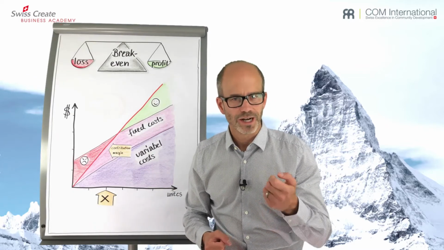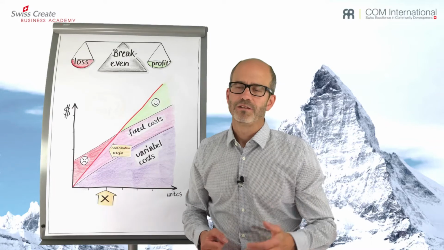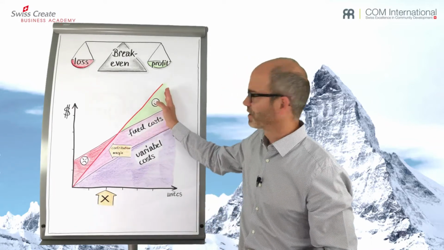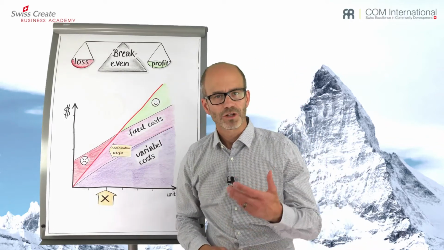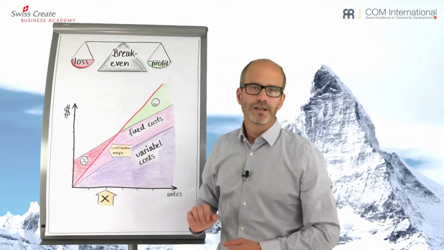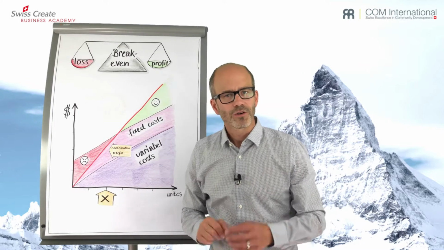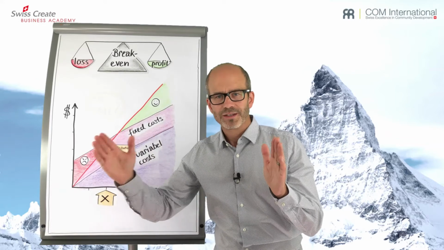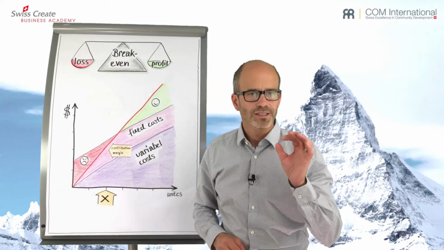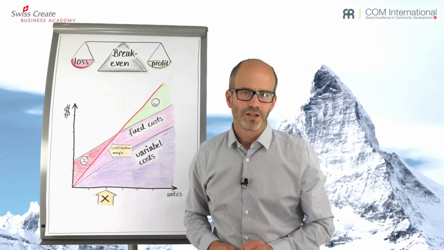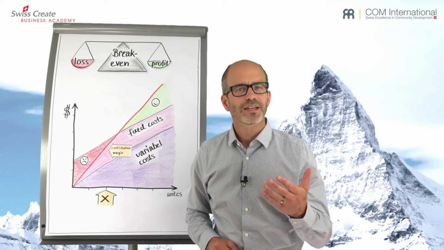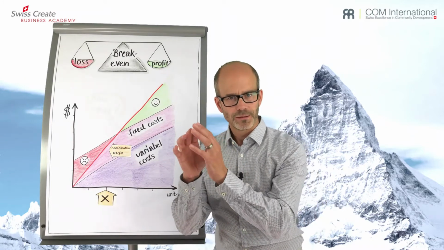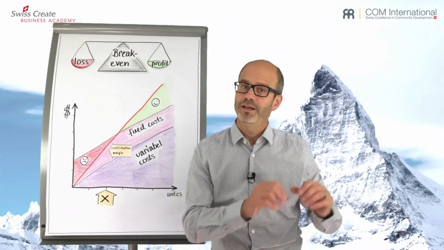He's interested to come and have a look, and for sure he will buy other products of your company with a higher contribution margin, with a higher price. So if you do this diagram per product, you can see what the contribution margin of this product is, and you can decide whether you keep producing it or stop it.